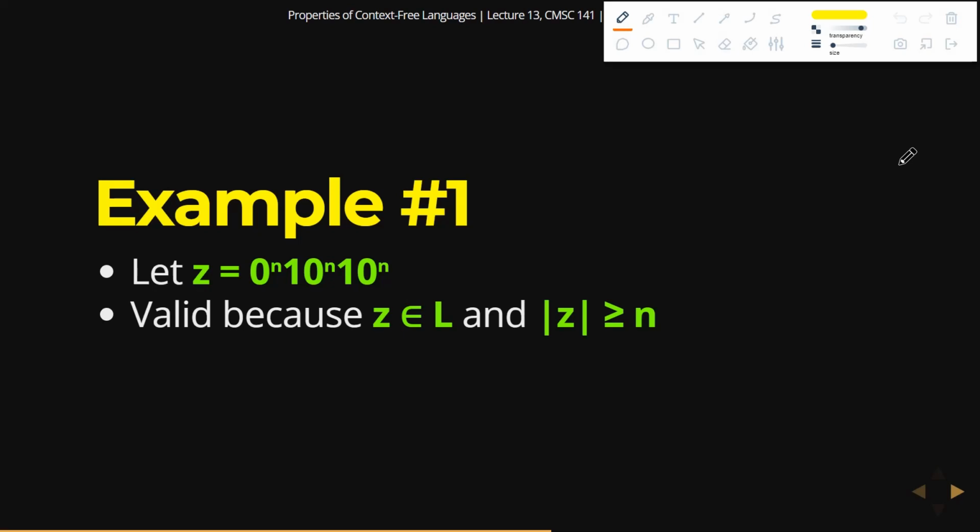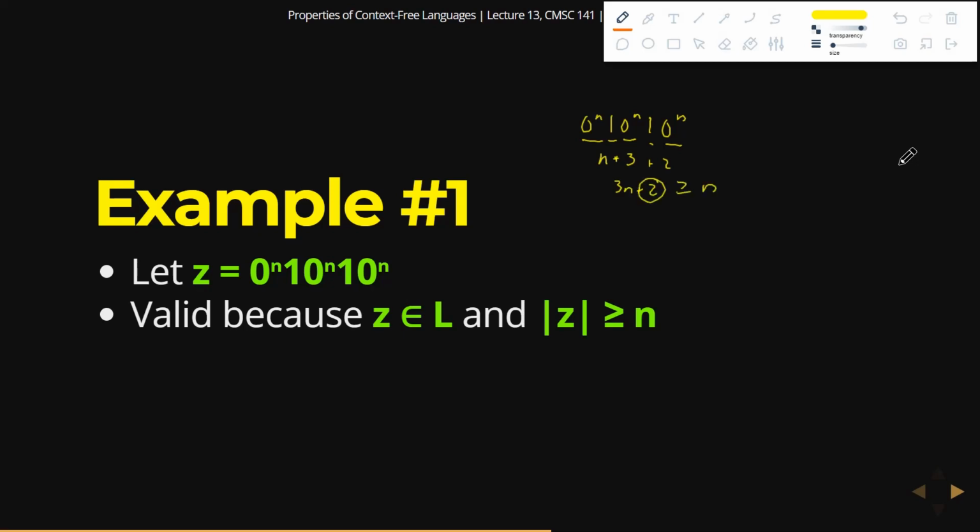Well, you have n times 3 because of the 3 n's here, and then the plus 2 here. So that's 3n plus 2, which is of course greater than n.